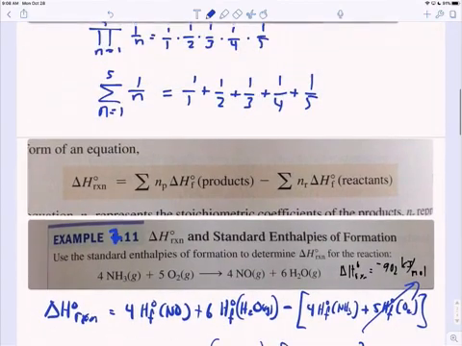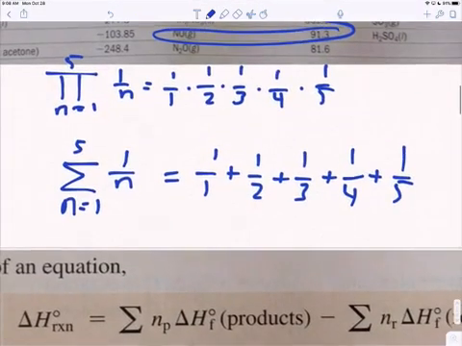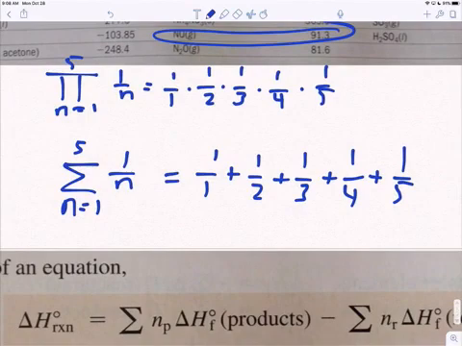I don't know if I told you about the sums. When you have a capital sigma, it's like if you have this series here, say the inverse of n, with n equals 1 to 5. You just put in 1 plus 2 plus 3 plus 4 plus 5. The sigma means sum.